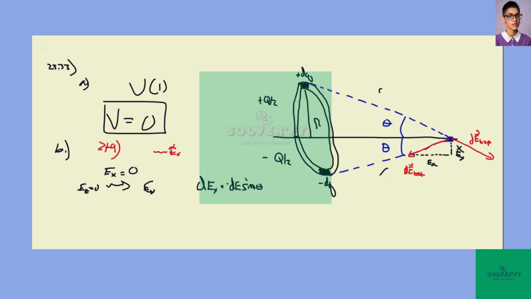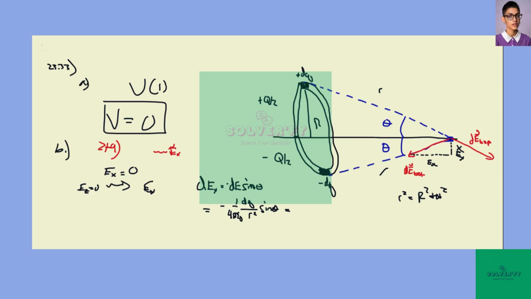So if we know dEy in terms of dE there, we can also write what dE is, and that is negative 1 over 4 pi epsilon naught, dq over r squared, times sine theta, and r squared by the Pythagorean theorem is the same as big R squared plus x squared.